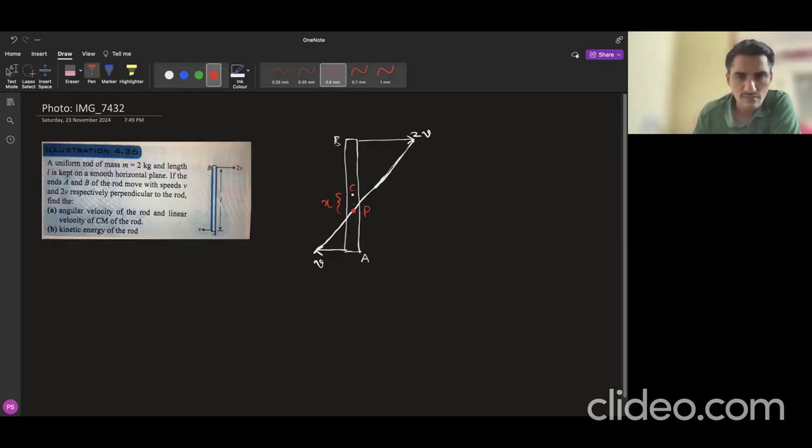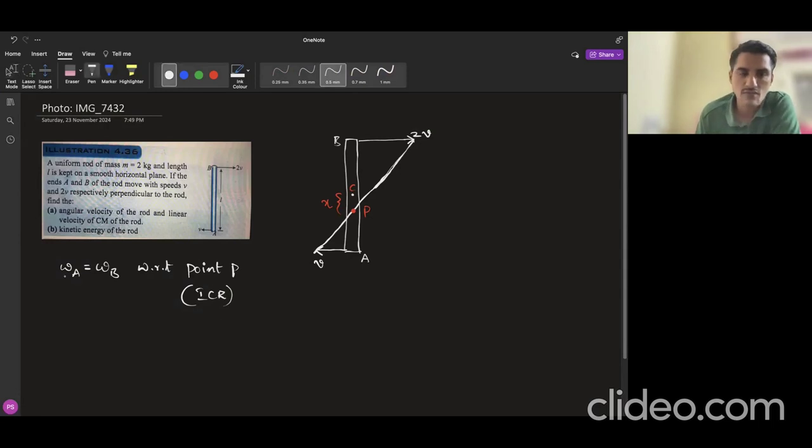Now if we consider the angular velocity at these two different points, the angular velocity at point A must be equal to the angular velocity at point B with respect to the point P, which is the instantaneous center of rotation.